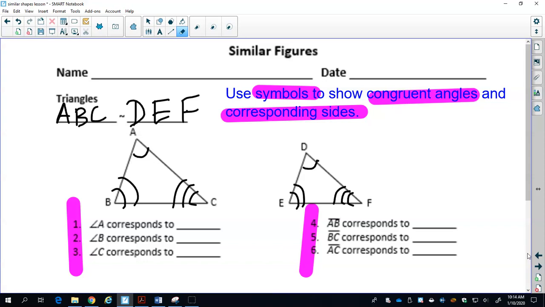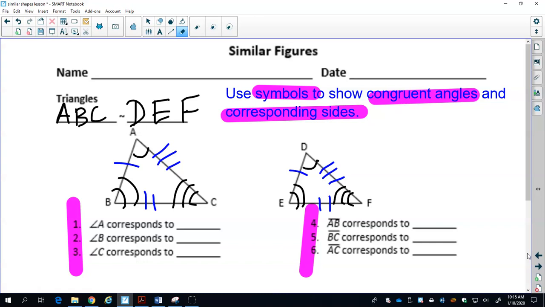And then AB corresponds to DE, BC is going to correspond to EF, and then AC, I'm going to use three lines to represent the fact that it corresponds to DF. From here, it's easy to match it up.